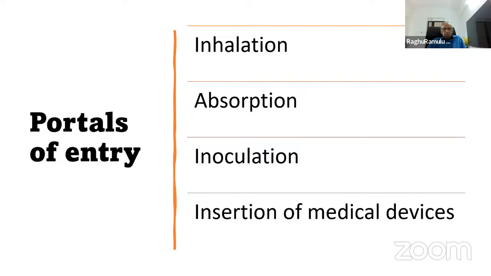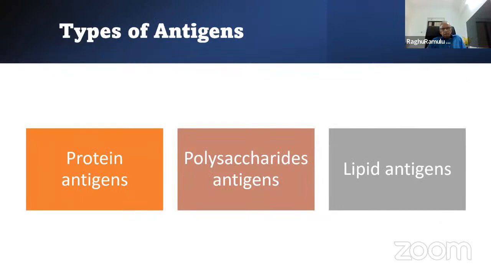So let's now examine how many types of antigens there are. The first type, the most important, is protein antigens. Why protein antigen? Because most of the infectious organisms are covered by a protein overcoat. Some of them are covered with polysaccharides, some with lipids, some with nucleic acids.